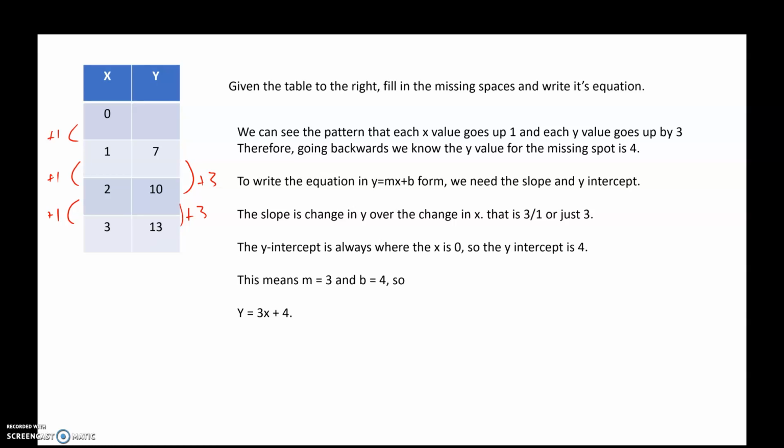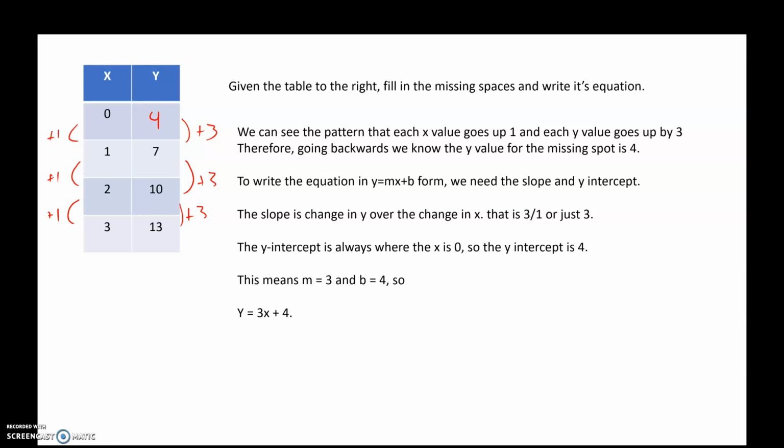So if it's going up by 3 for every x that goes up, going backwards, this had to be 4 to get there. If it goes up by 3 as the x's grow, it's going to shrink by 3 as the x's shrink also.